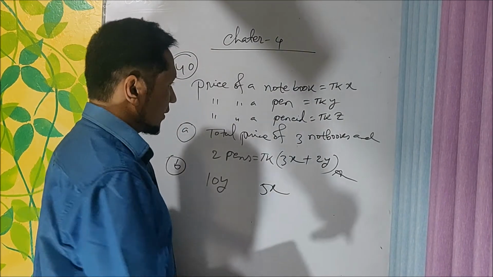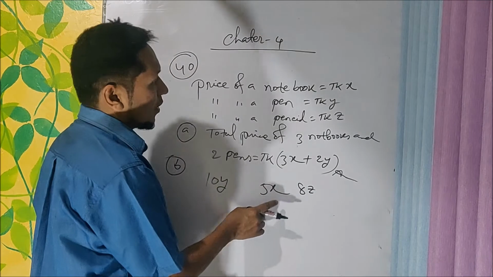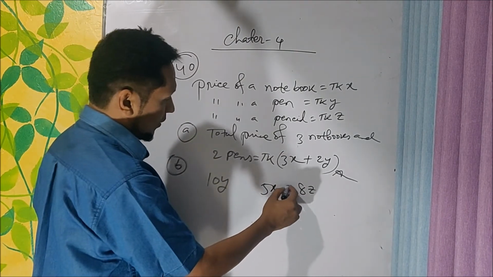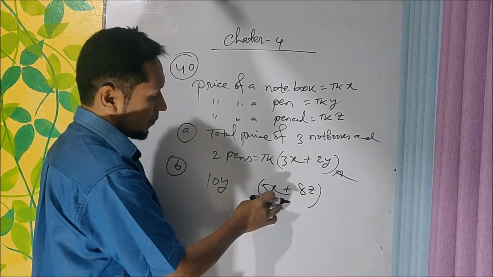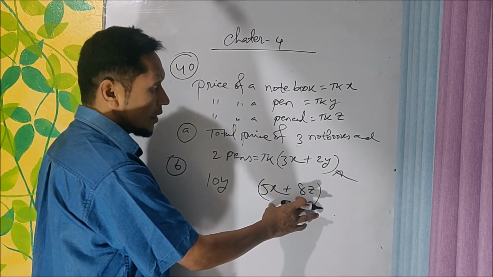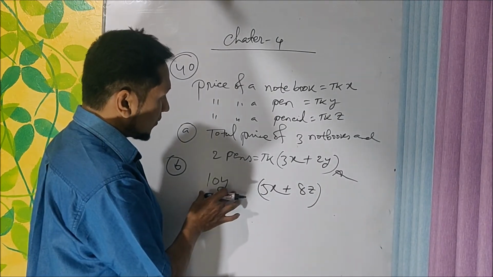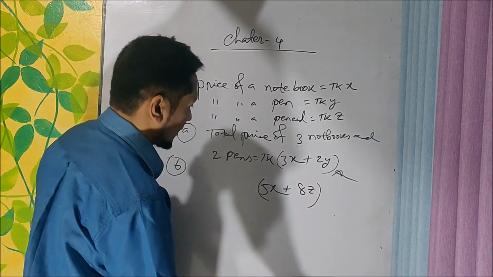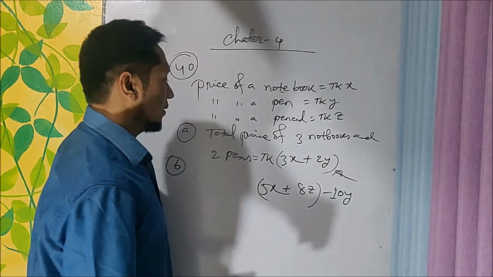and 8 pencils will be taka 8z. That is the total price of 5 notebooks and 8 pencils, so we have to add them. The question says the price of 10 pens is to be deducted, that is, this value is to be deducted. So we have to write it later.